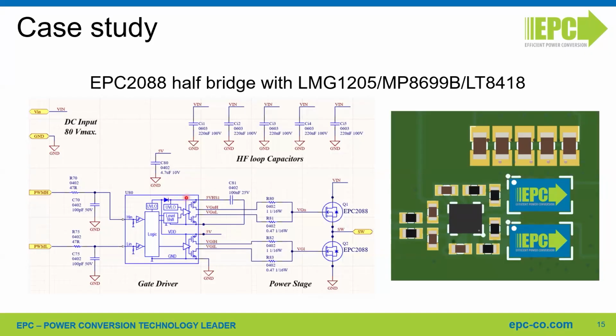The high side of the gate driver is powered by a bootstrap. So this is the bootstrap capacitor. And then we have the gate resistors, and very important and often forgotten, we have an input filter to filter out some of the noise that can couple to the inputs of the gate driver, and this needs to be as close as possible to the input pins of the gate driver.